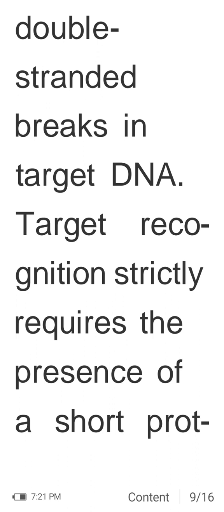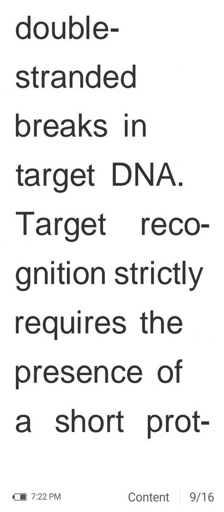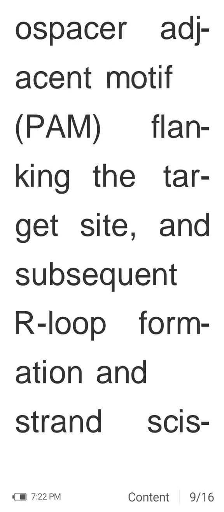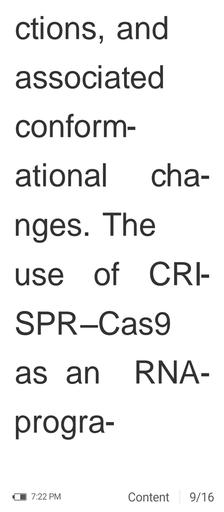Target recognition strictly requires the presence of a short protospacer adjacent motif, flanking the target site. Subsequent R-loop formation and the strand scissions are driven by complementary base pairing between the guide RNA and target DNA, Cas9-DNA interactions, and associated conformational changes.